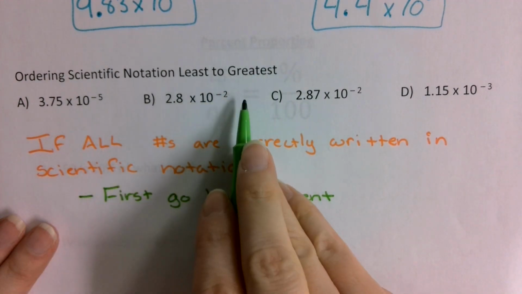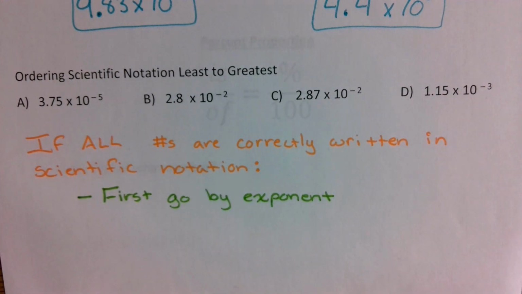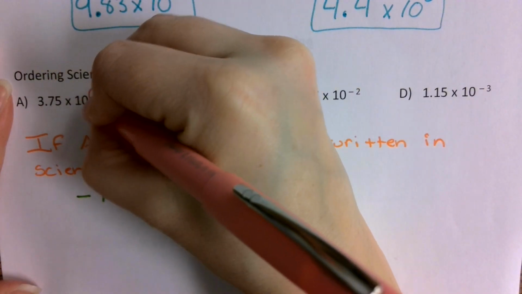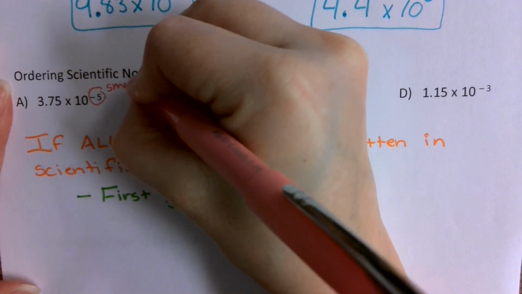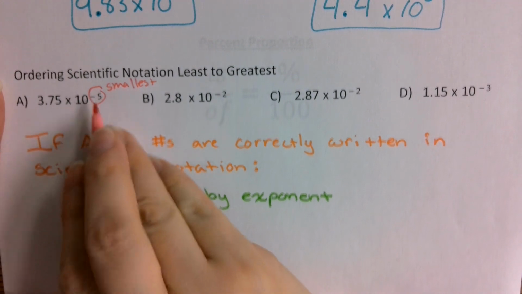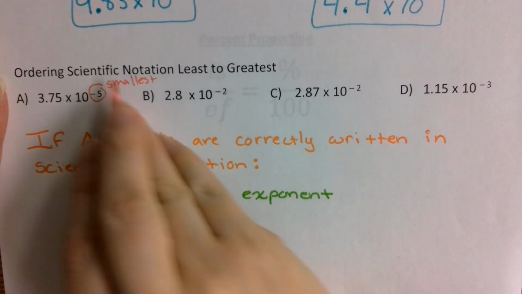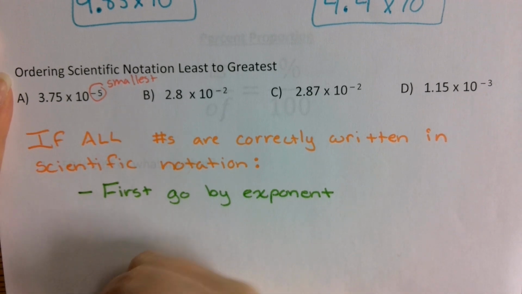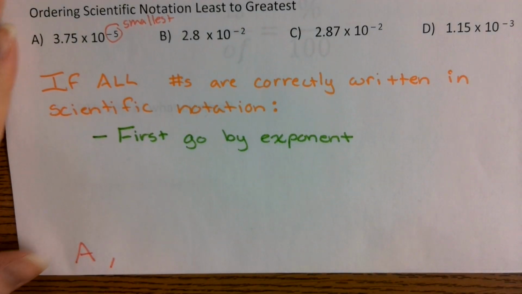So which one of those exponents happens to be the smallest? -5 happens to be the smallest exponent. And since they're all in scientific notation, because this is the smallest exponent, that means that this is the smallest number. Okay? So A is going to be my smallest value. I'm going to go ahead and put A down here at the bottom.